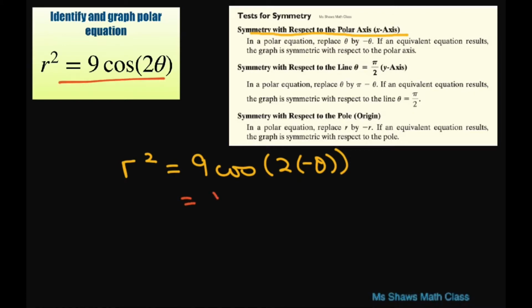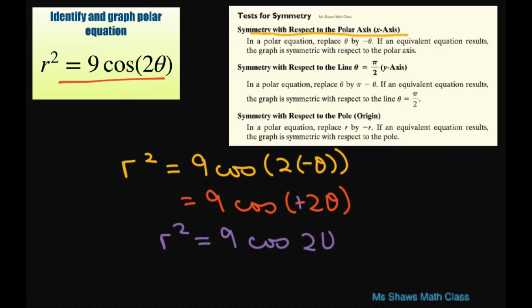So this is going to equal 9 cosine of negative 2 theta. Because cosine is an even function, we can change that to positive, so we're going to get r squared equals 9 cosine of 2 theta. So this test passes, and our graph will be symmetric to the polar axis, i.e.